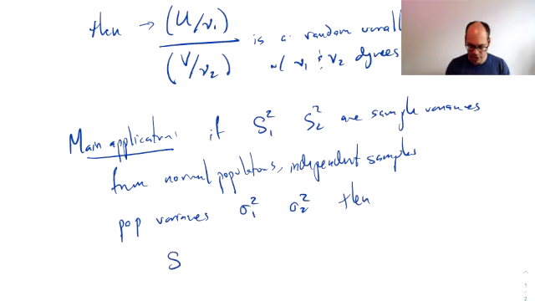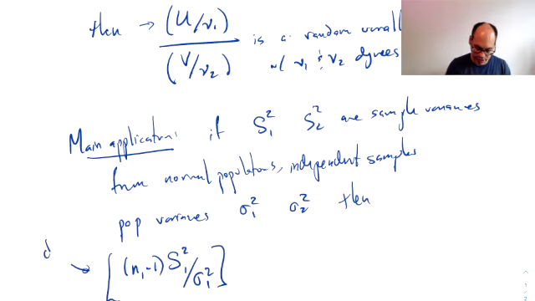We know that if you look at n1 minus 1, the sample size minus 1, which is the number of degrees of freedom for my first chi-square variable corresponding to this quantity, s1 squared over sigma 1 squared times n1 minus 1. So that's a chi-square with n1 minus 1 degrees of freedom.